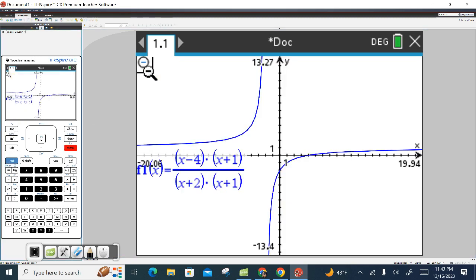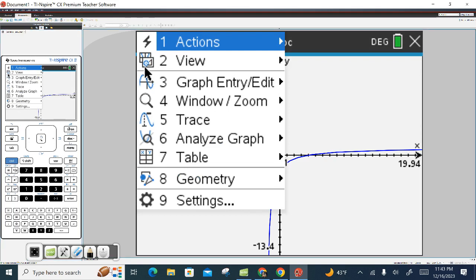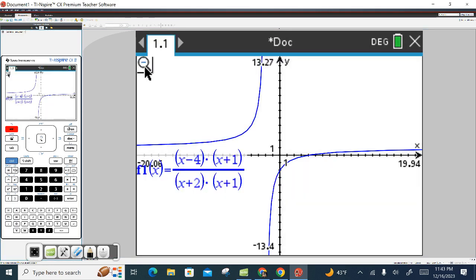So we're done with the zoom. And what you can see here is I told you we had the hole at -1. So basically there's a little hole right there. We also said that we had vertical and horizontal asymptotes, right? And our horizontal asymptote, remember that was the lead coefficient, that was at 1/1.